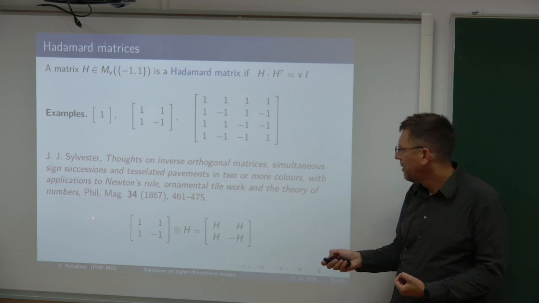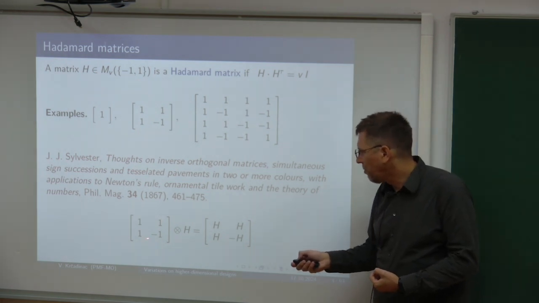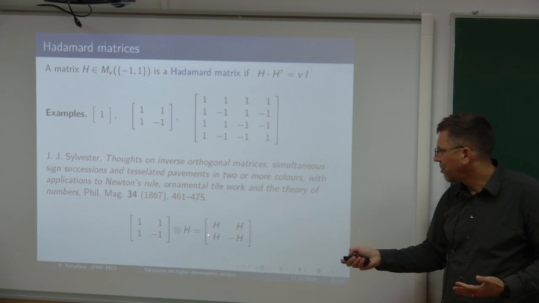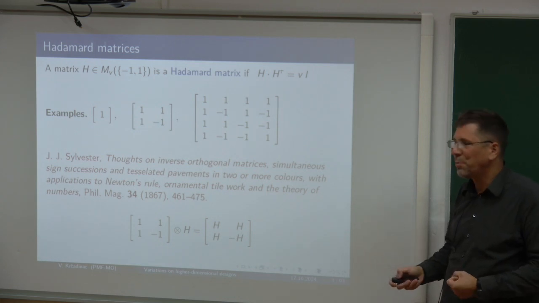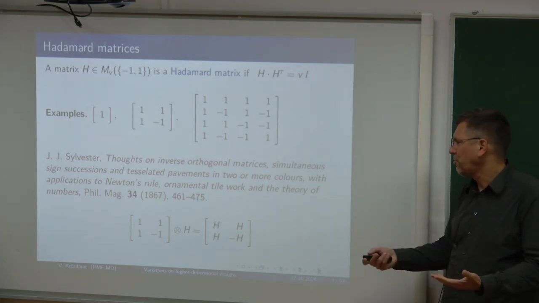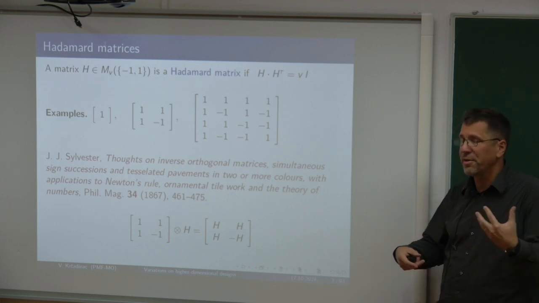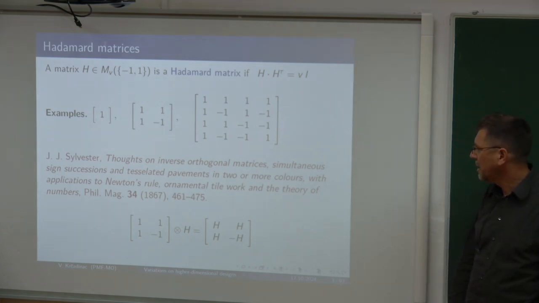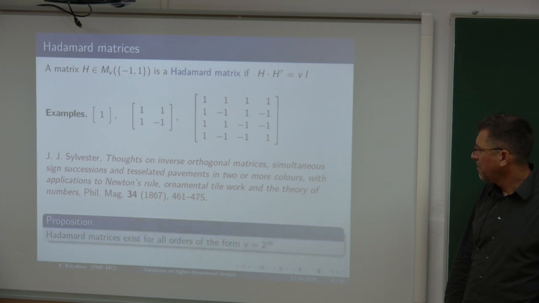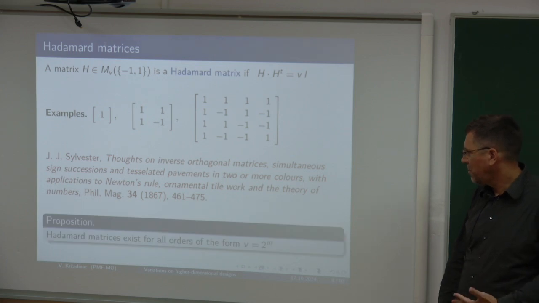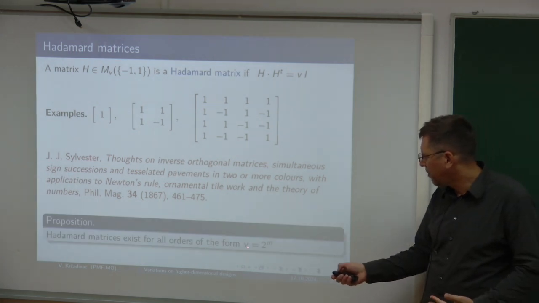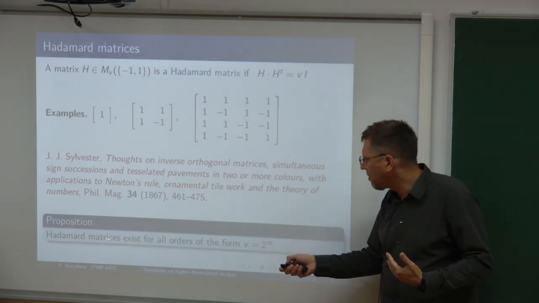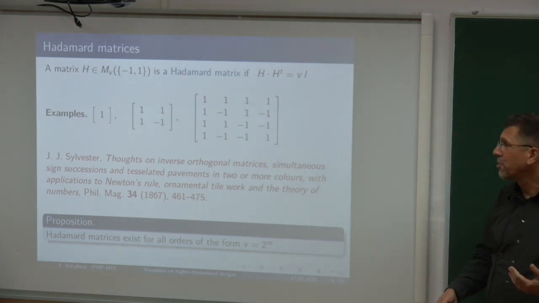So this is a Kronecker product of this small matrix with any Hadamard matrix, or here you get the recipe to build such matrices. Actually, you can take any two Hadamard matrices, do the Kronecker product, and it's going to preserve this property. And as a consequence, you can always construct such matrices for orders that are powers of 2. So already Sylvester knew that they exist for all orders that are powers of 2.